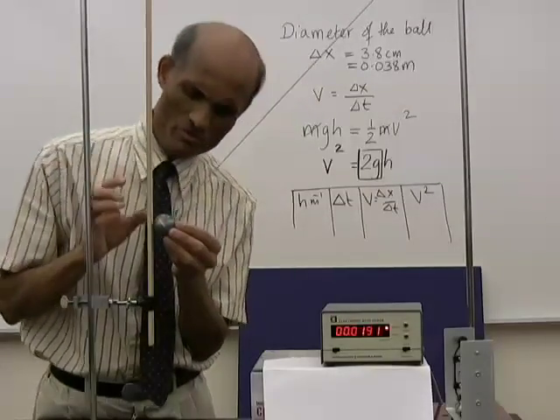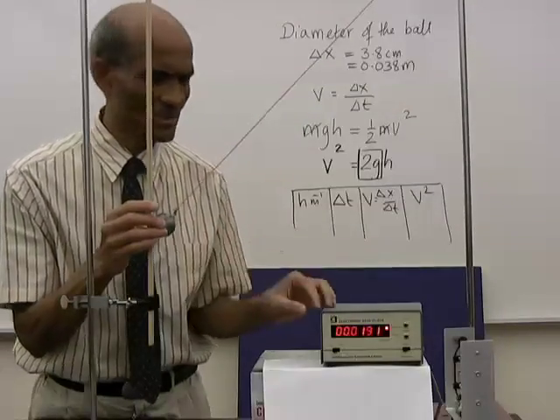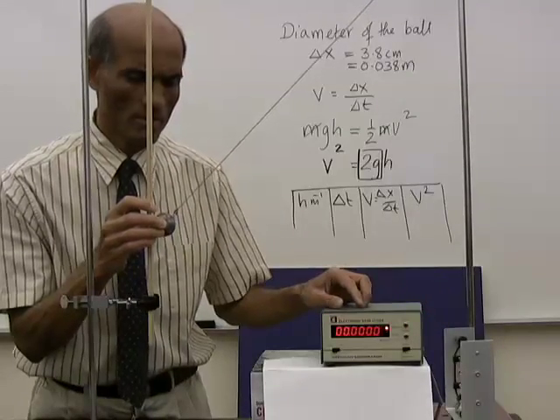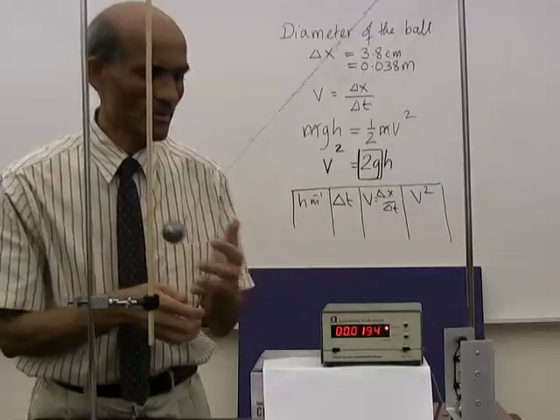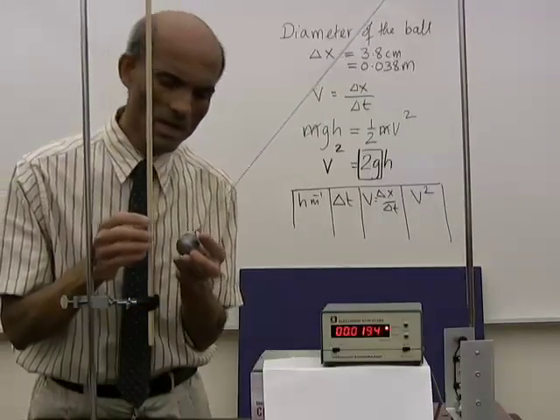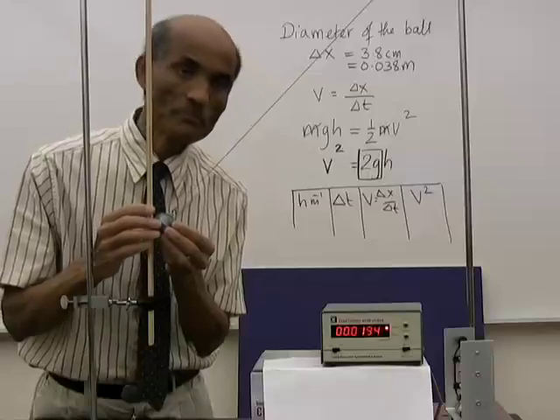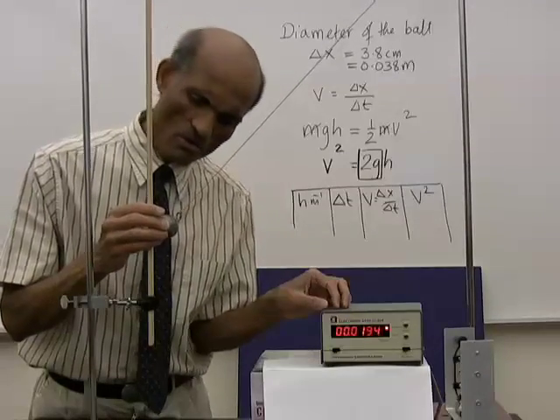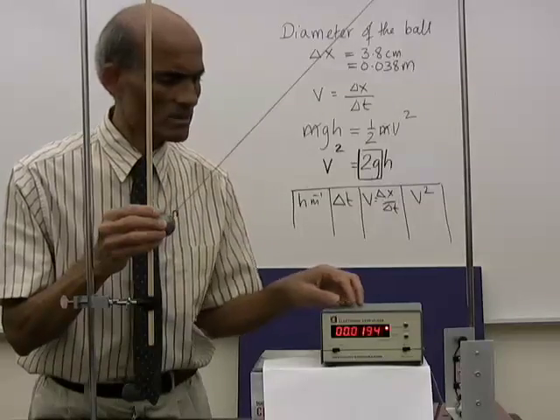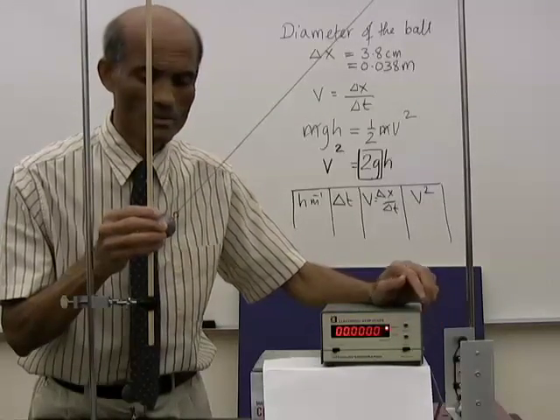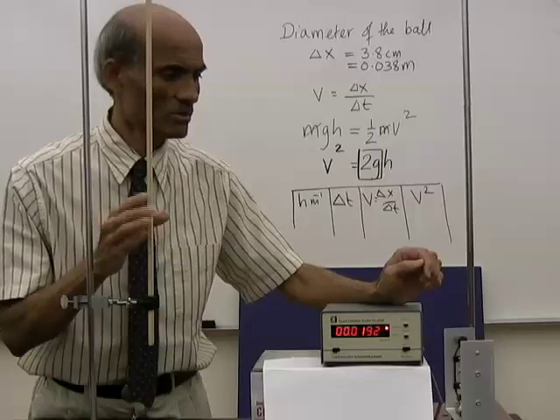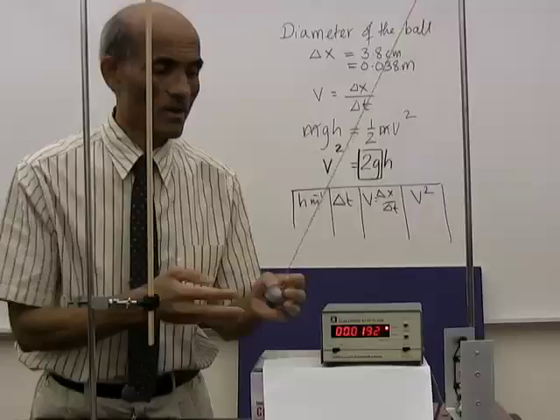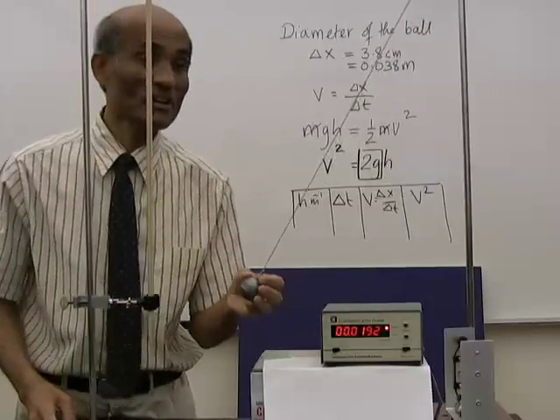Okay, I'm going to repeat that one more time. The second trial. Reset the clock. And there it goes. 0.019 again. Now read it to 3 decimal places. All right, one more trial. Reset. And go. 0.019 again.